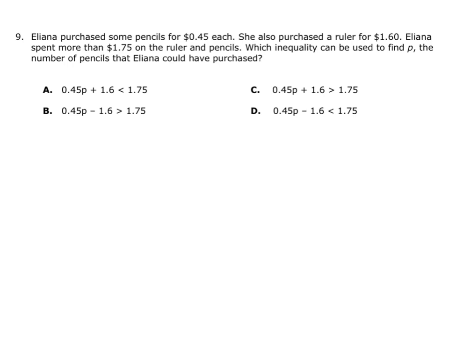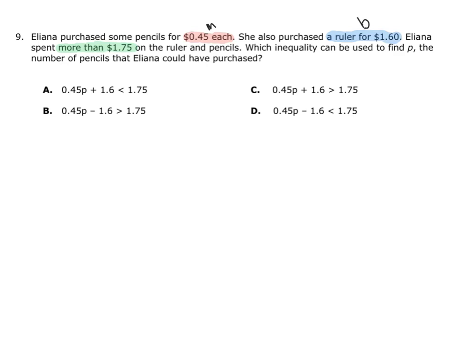Number 9 says Eliana purchased some pencils for 45 cents each. So that tells us that is our M, because it happens multiple times. She also purchased a ruler, so that's one ruler for $1.60. Since it's only one, that is our B, our one time. Eliana spent more than $1.75 on the ruler and pencils.